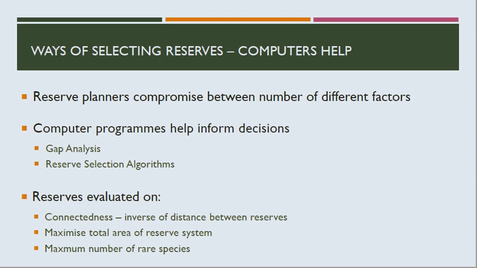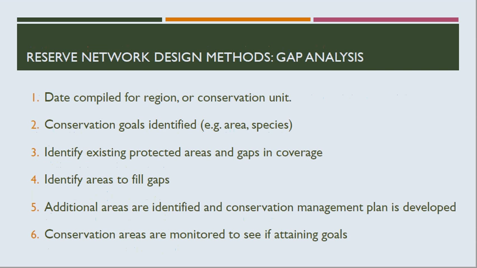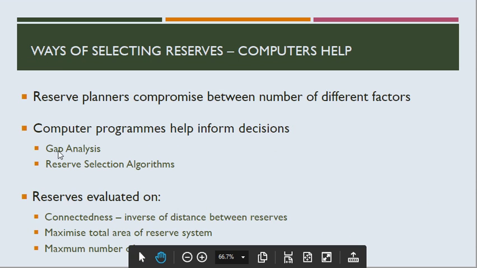Gap analysis is also used to determine which species may not be represented in the reserve network at the moment, and therefore which extra reserves need to be made. So maybe you would have a rare species which only occurs on a particular type of habitat, and that habitat is not represented in reserves at the moment.